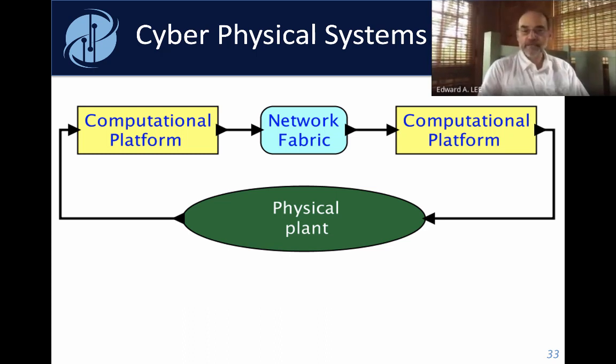And of course, we do want to be able to model pre-designed physical components here, rather than do everything as a specification. So if you have a DC motor, for example, that needs to be part of your system, I'd like to use a scientific model of a DC motor and then use that to then build engineering models for the software that's going to run on the computational platforms. Okay.